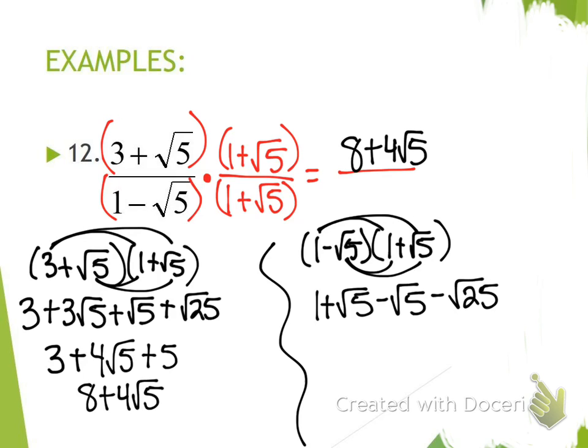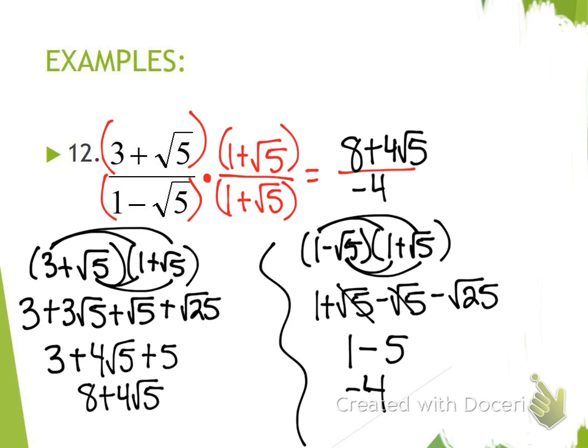What cancels out? Okay, the negative and positive root 5s cancel. We're left with 1 minus, what's the square root of 25? 5. 1 minus 5 is? Negative 4. If you do not end up with just a single number in your denominator, something went wrong.